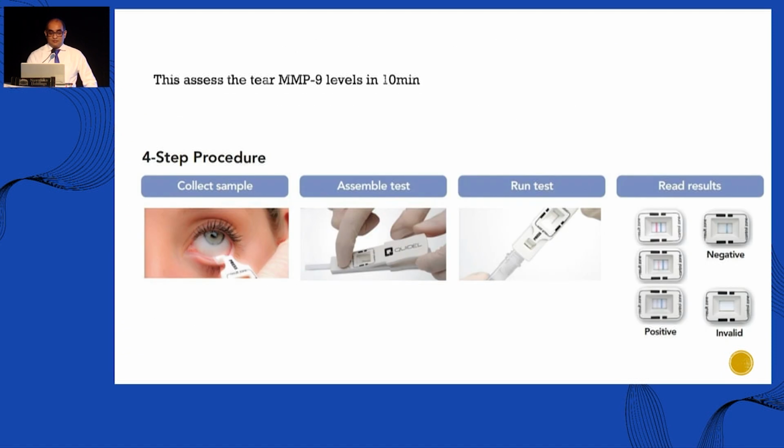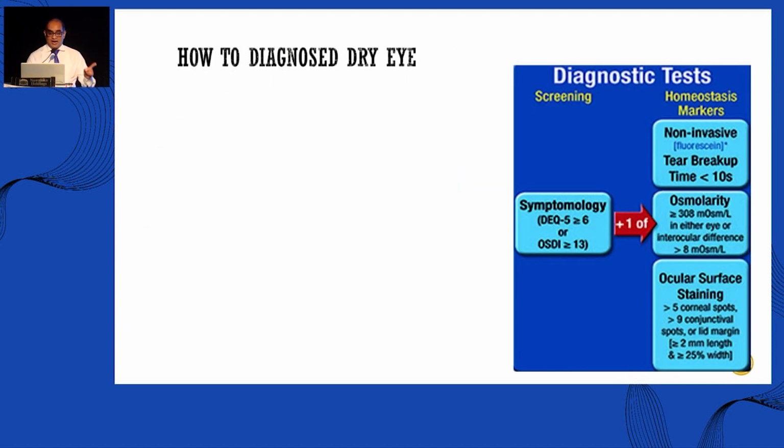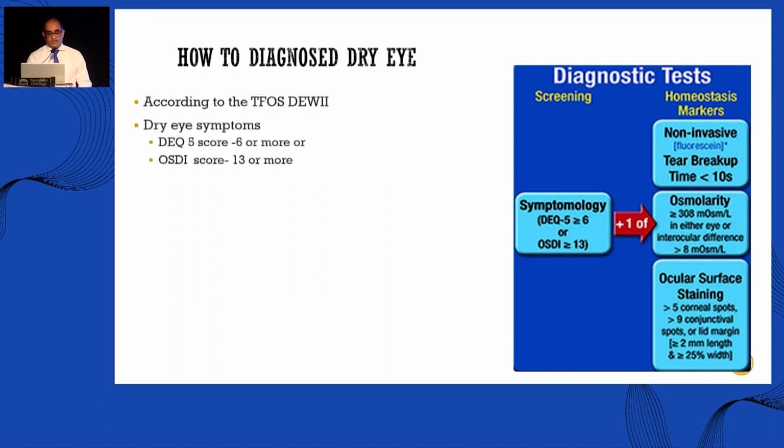I don't want to go into the other tests, but what I want to highlight here is how to diagnose, and this is the take-home message. According to the Tear Film and Ocular Surface Society Dry Eye Workshop 2017, you need one positive dry eye symptom questionnaire, that means a DEQ-5 score of more than 6 or an Ocular Surface Disease Index score of more than 13.